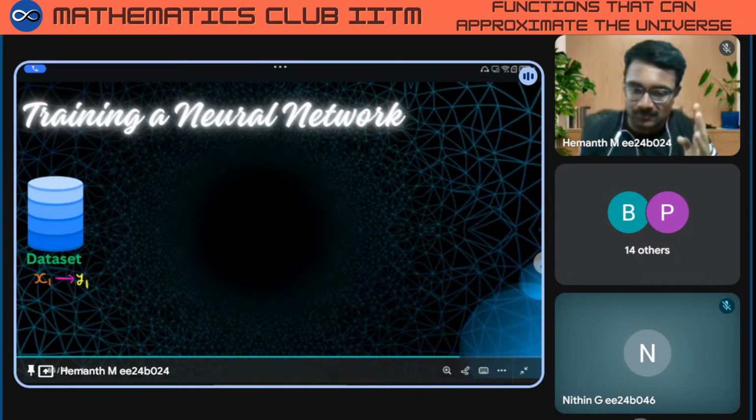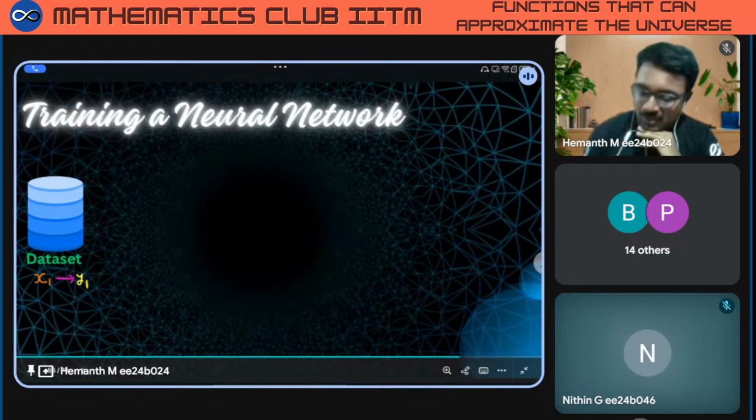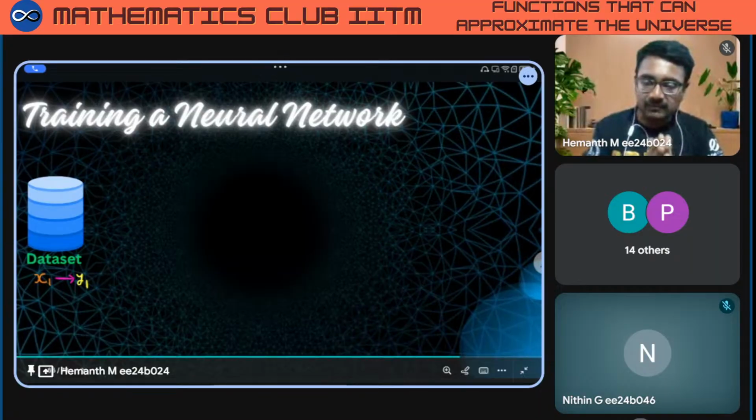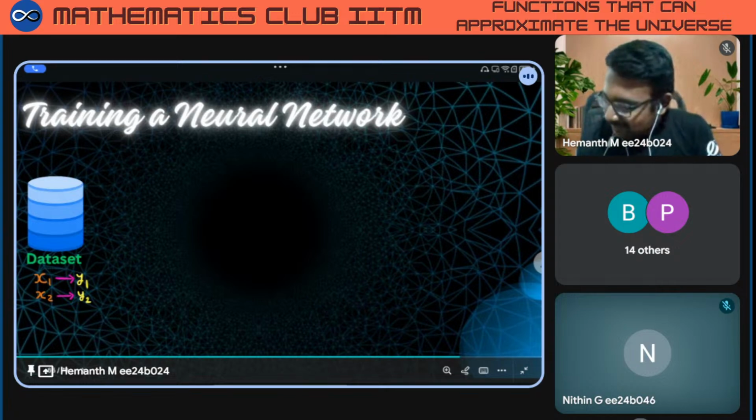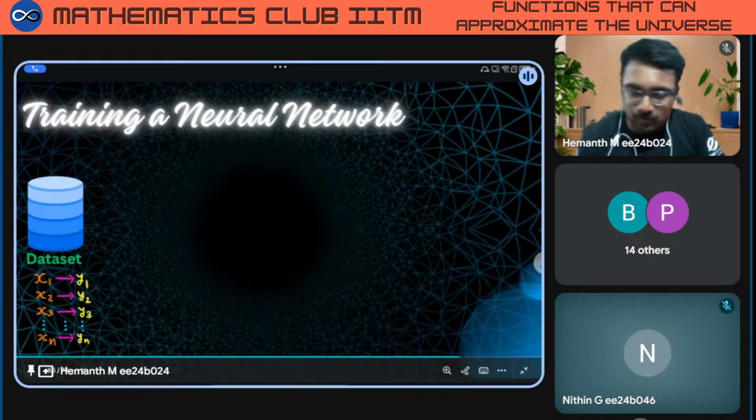Earlier, x was a 784-dimensional vector and y was a 10-dimensional vector. So I have a data set which says that for this input I have this output. Similarly, I have collected data which says that for x2 the output is y2, for x3 the output is y3, and so on up to some xn, the output is yn.